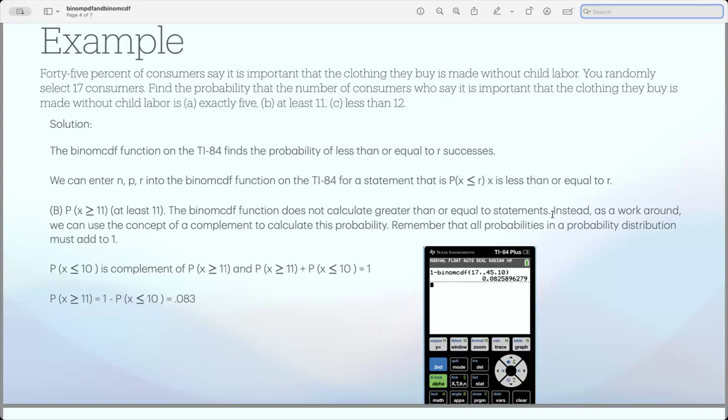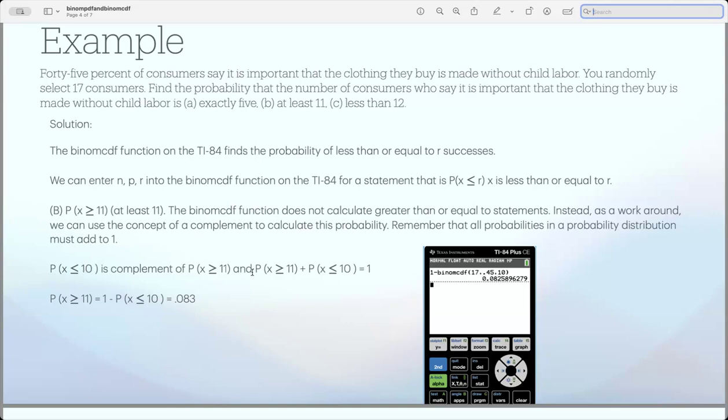Instead, as a workaround, we can use the concept of a complement to calculate this probability. Remember that all probabilities in a probability distribution must add to 1. The complement of X is greater than or equal to 11 is X is less than or equal to 10.